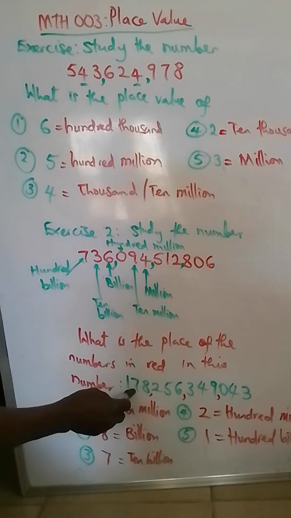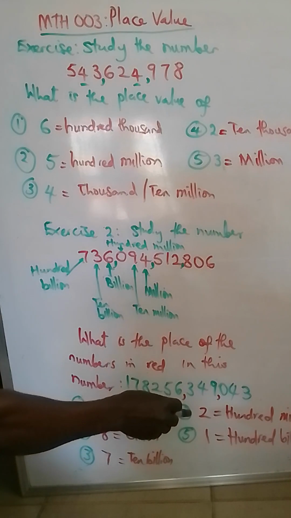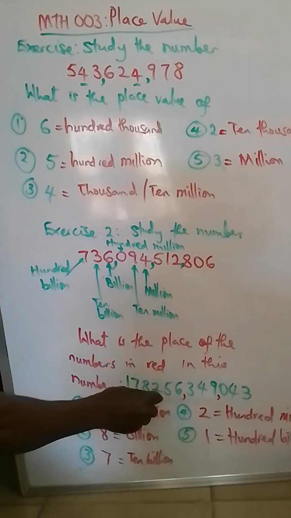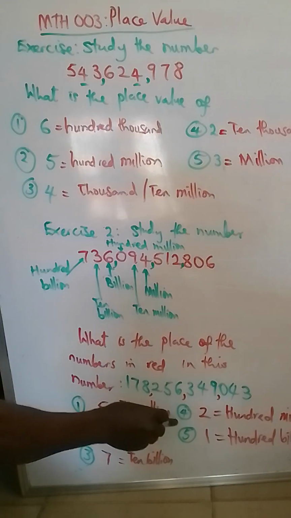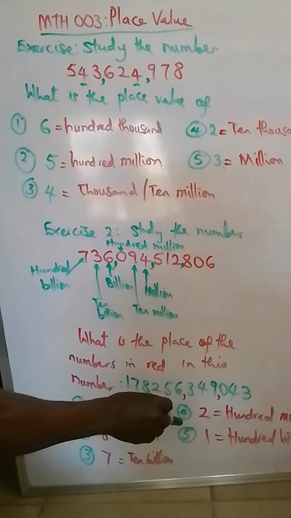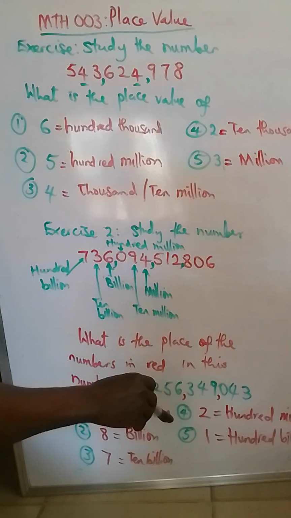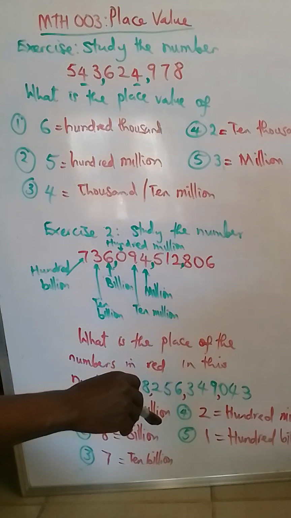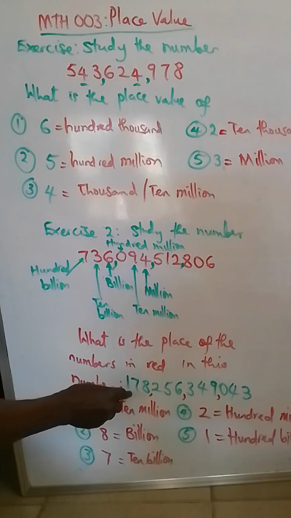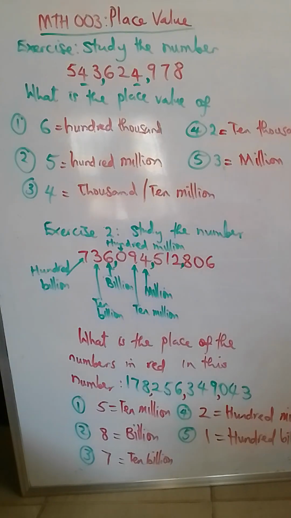And 7 occupies the place value 10 billion. 2 is in the position of 100 million. Don't forget. And then 1 is in the place value of 100 billion. That is 1, the 12th number there. So don't forget, put it in your mind, and then you can go on over and over, you learn more.